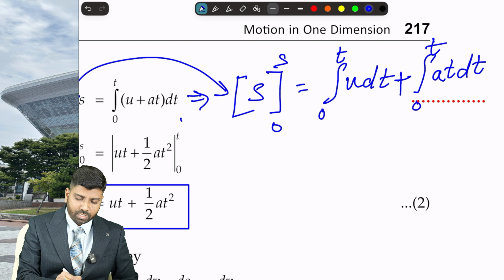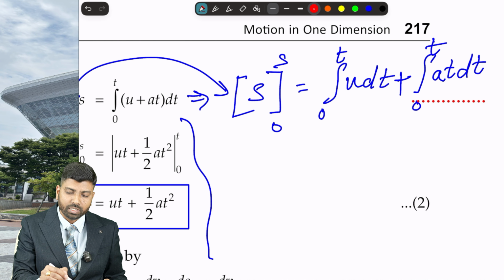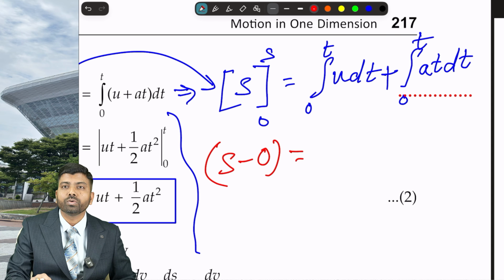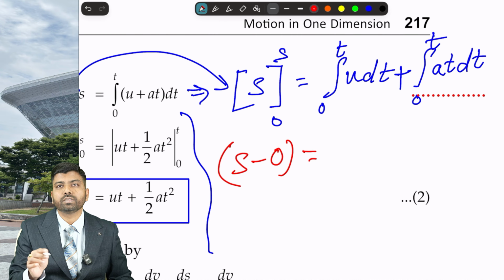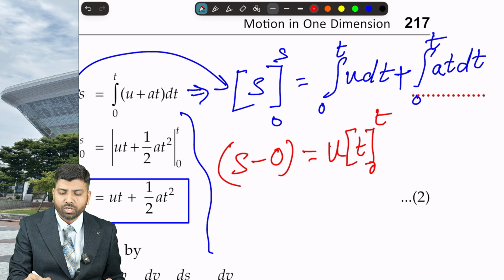For this integration, the range is from 0 to s. So the next step I can write s minus 0, which is equal to u, the initial velocity, times the integration for time, from 0 to t, or directly ut.